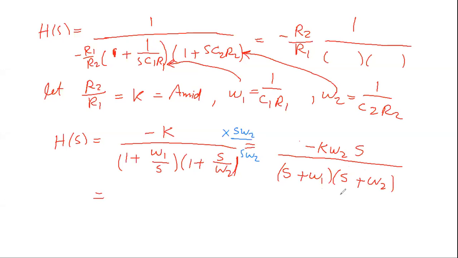If you multiply these two factors, you're going to get minus K omega 2 S divided by S squared plus, now I multiply omega 1 by S, omega 2 by S, so this is going to be, oh sorry, this is 1 over omega 2, right?